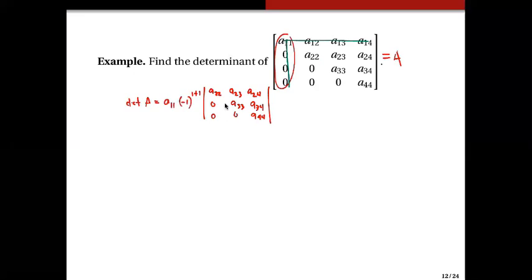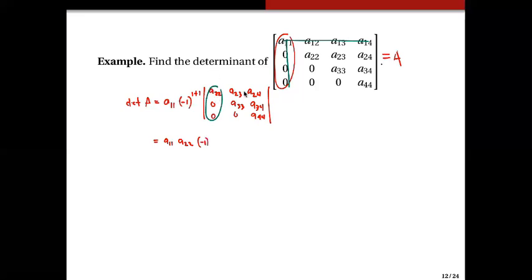And this column here has plenty of zeros, so we take these zeros here. Notice we did not write anything else here because you have just 0, 0, and 0. So 0 times whatever the cofactors, they're just 0. So in here now, we have A22, because this guy here, negative 1 raised to 1 plus 1, is positive 1.